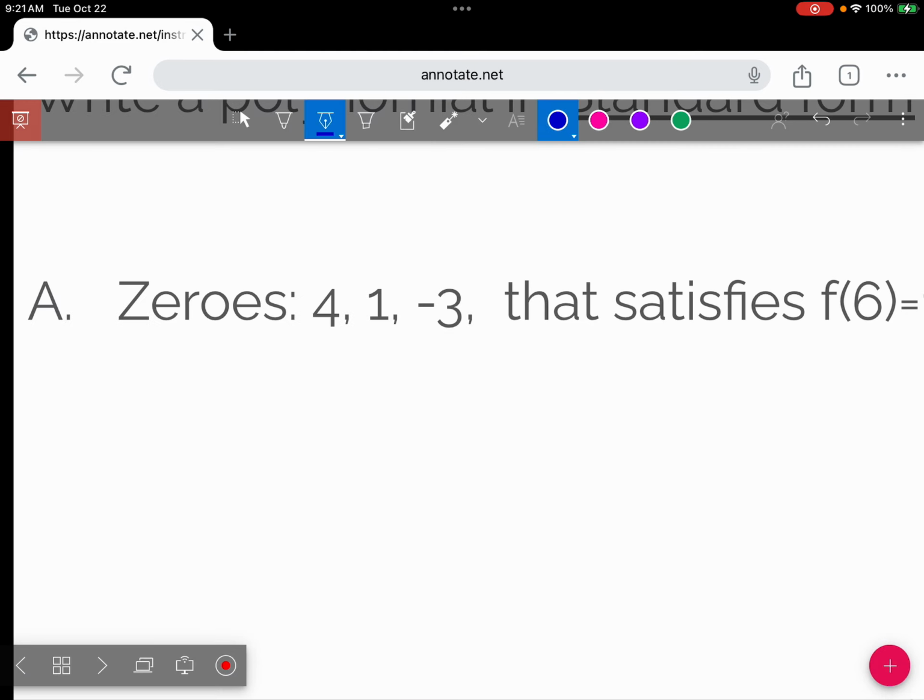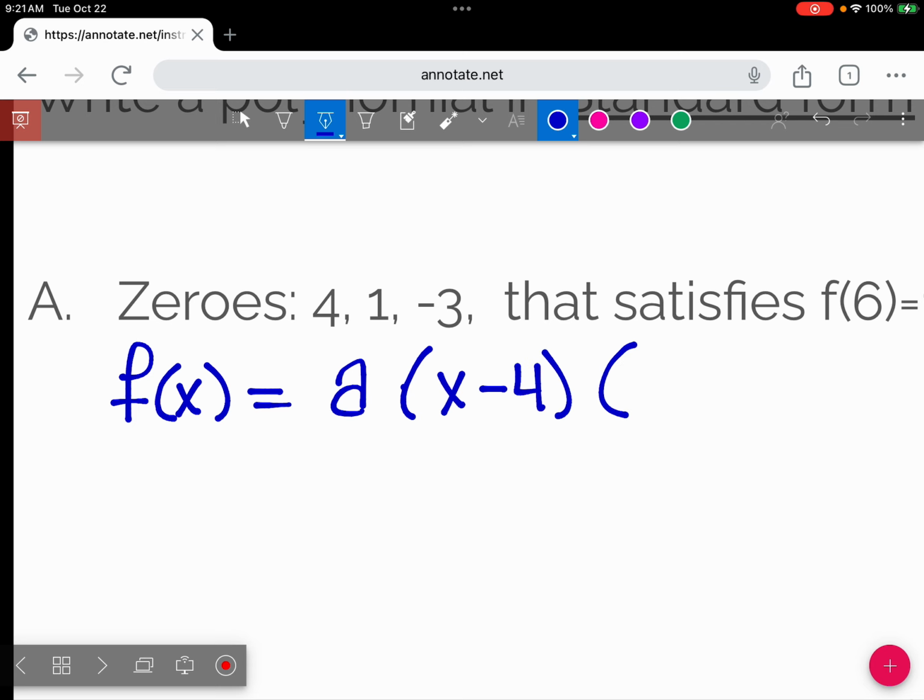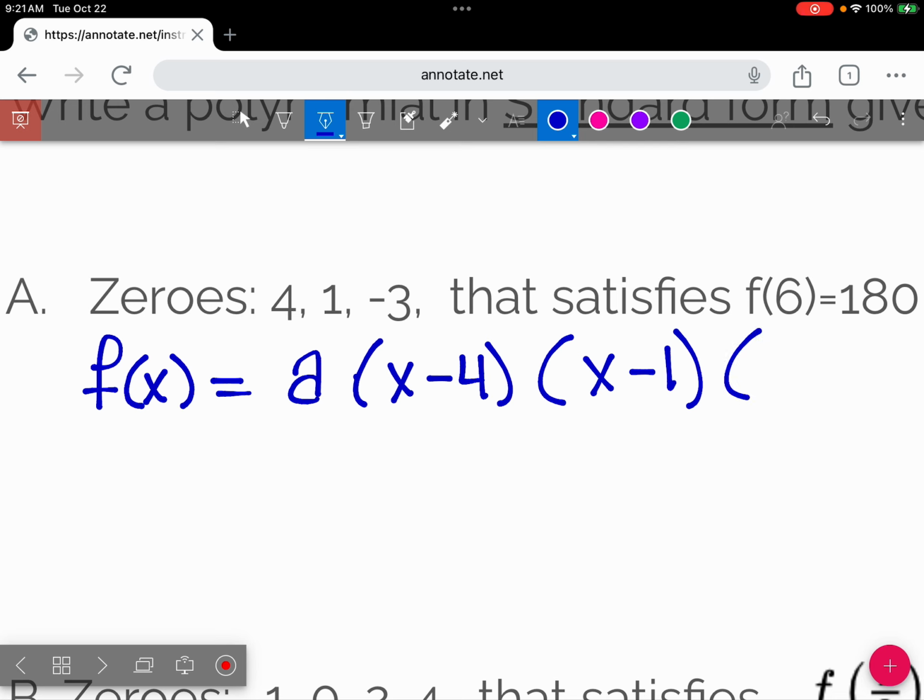So we're going to start with our f of x equals a times, what are our factors? x minus 4 and x minus 1 and x plus 3.